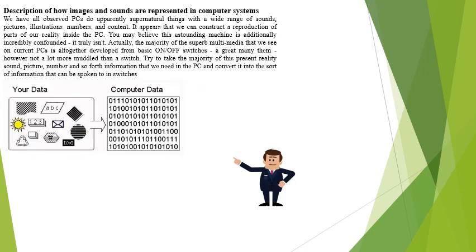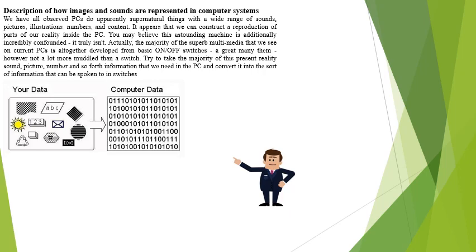So let's talk about how images and sounds are represented in computer systems. We have all observed computers do apparently supernatural things with a wide range of sounds, pictures, illustrations, numbers and contents. Actually, the majority of the multimedia that we see on computers currently is developed from basic on or off switches.